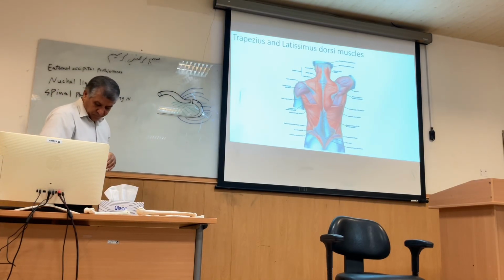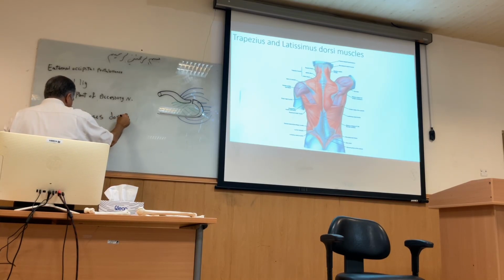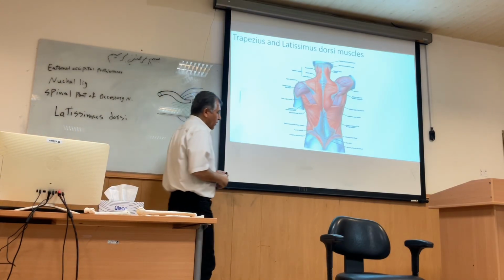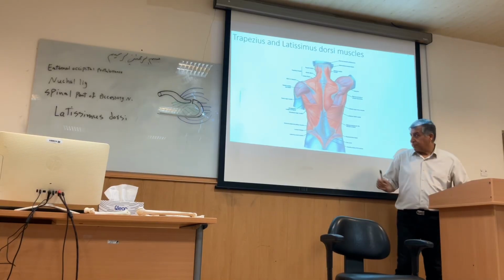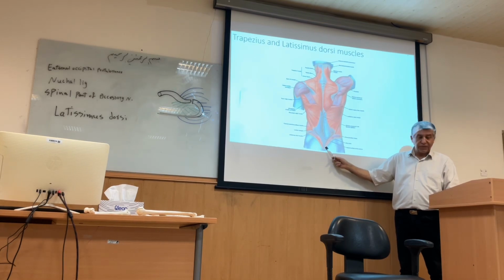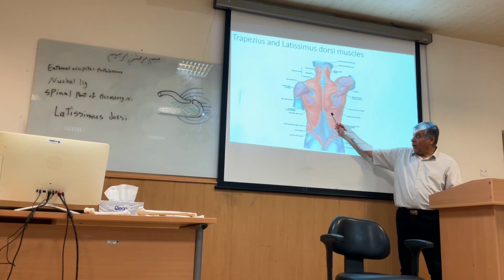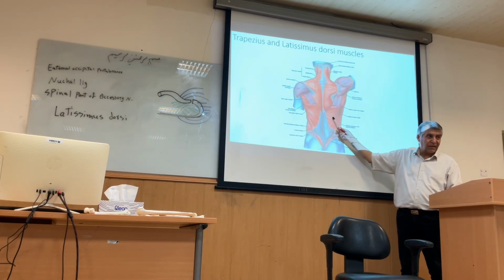Latissimus dorsi. Origin from the hip, the spinous processes of the lumbar vertebrae, the lower 4 ribs, and the inferior angle of the scapula.